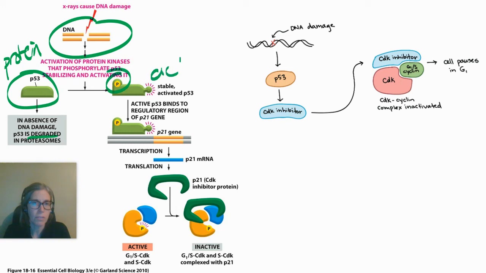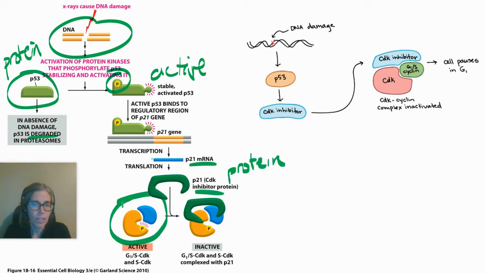Now it's active. When it's active, it acts as a transcription factor, which means it goes to the DNA of a particular gene. It goes to the p21 gene, causes transcription to happen. Now you have a p21 mRNA, which can make a p21 protein, which happens to be a CDK inhibitor.